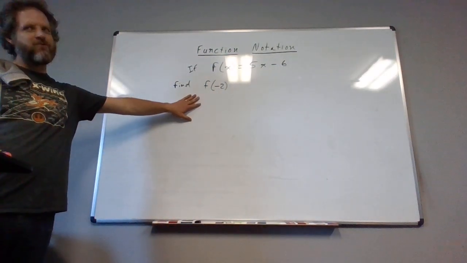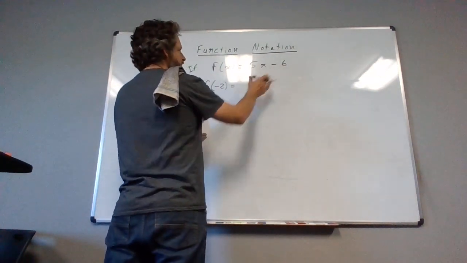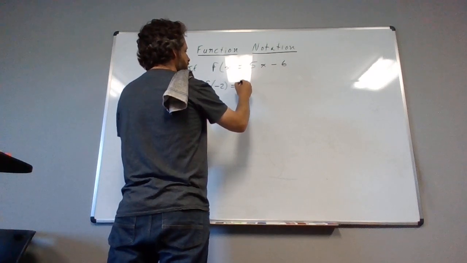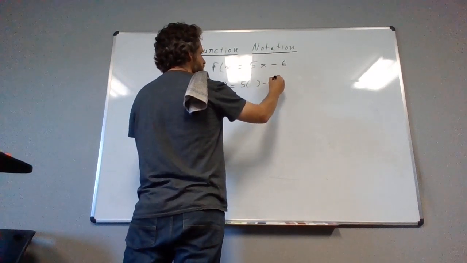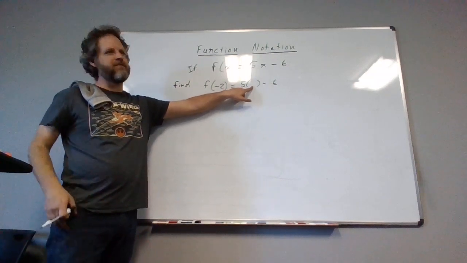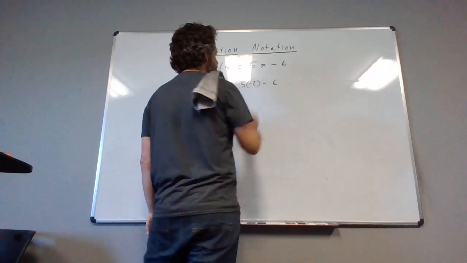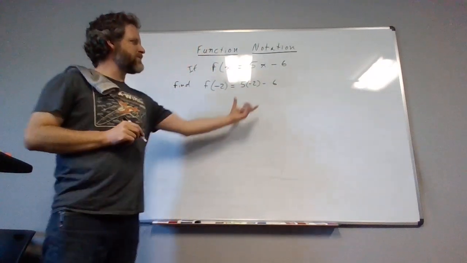To solve this, it's really easy. We rewrite this with parentheses everywhere there's an x. And then what do you think we're going to stick in the parentheses? Negative 2. Absolutely brilliant. And then we just need to simplify this.